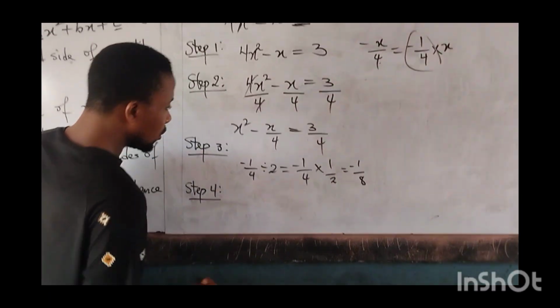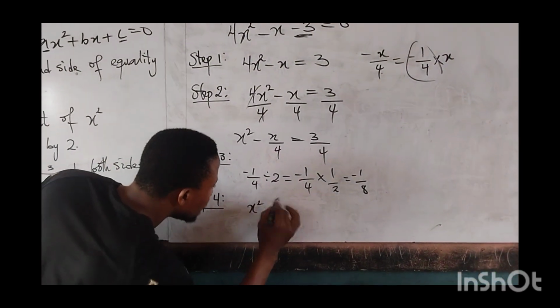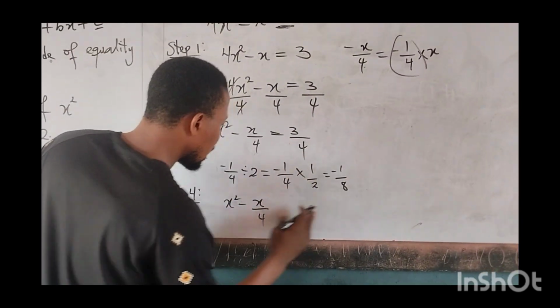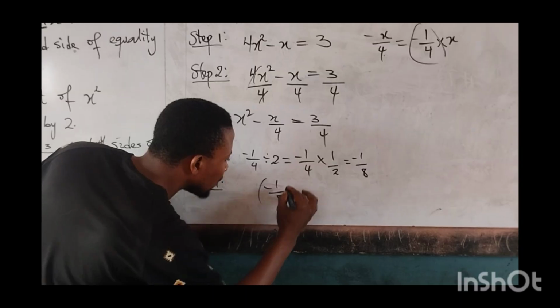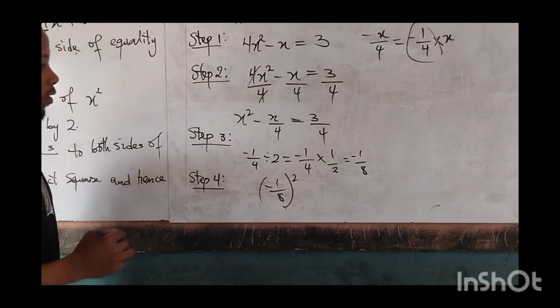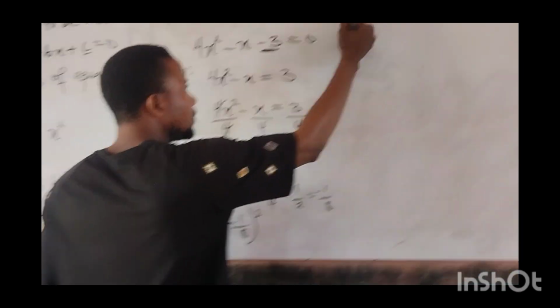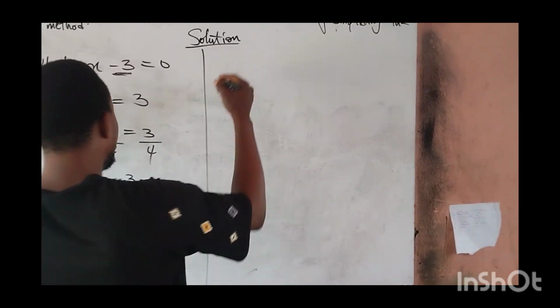So you have x squared minus x over 4, then the square. Let me just do it this way. You have minus 1 over 8 squared. Now you add the square to both sides.